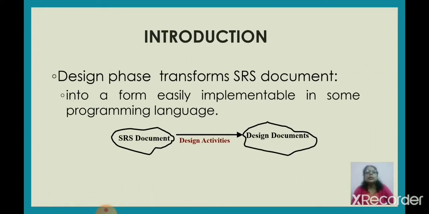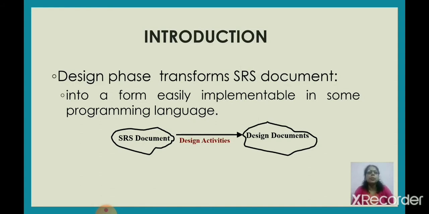Introduction. The design phase transforms the SRS document into a form easily implementable in some programming language. Means in the previous phase, the requirement analysis and specification phase, the gathered requirements of the customer are written in a document, that is known as the SRS document.